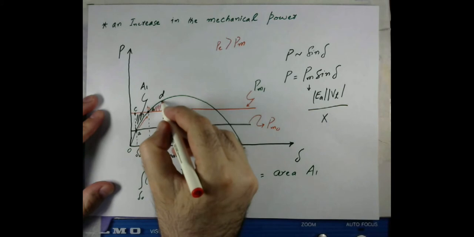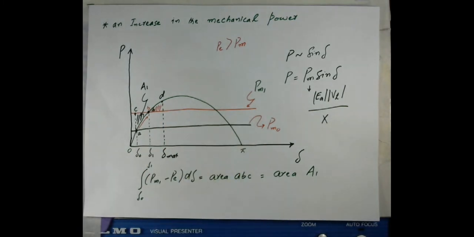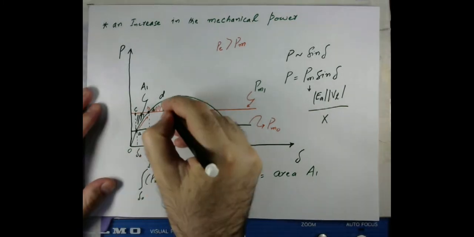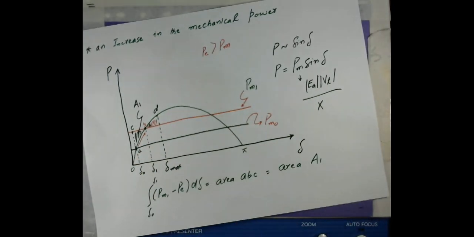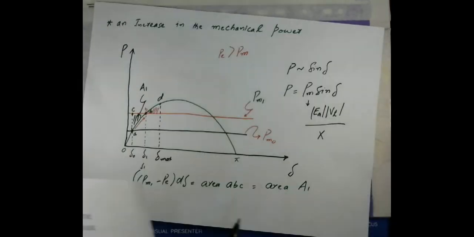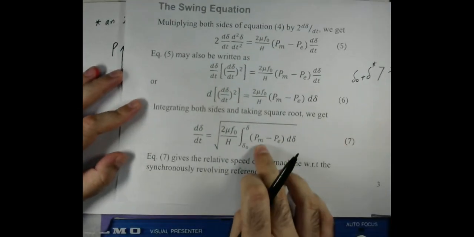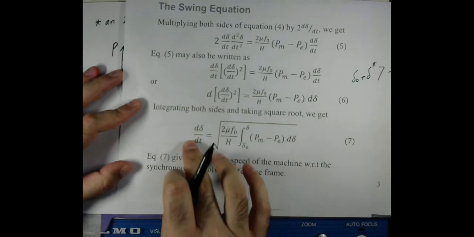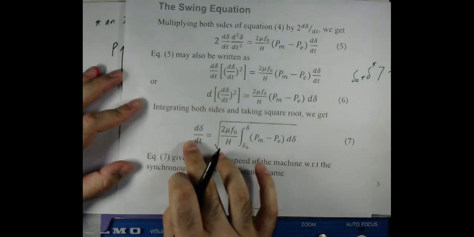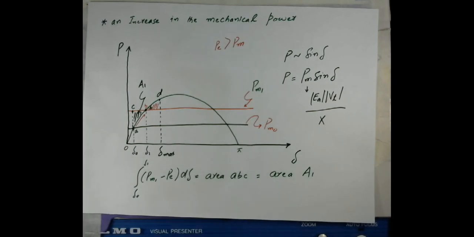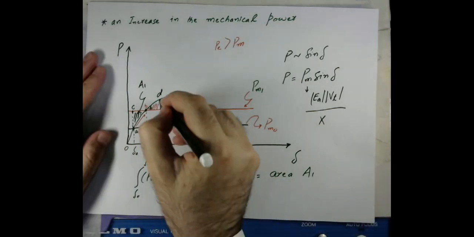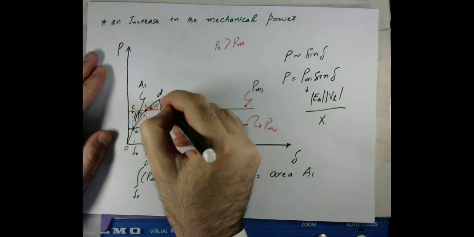Now if you look at this point, because this is the deceleration area, the electrical power is more than the mechanical power, which means the relative velocity will be negative. If the relative velocity is negative, the machine will decelerate, and at this point the machine is again at synchronous speed.